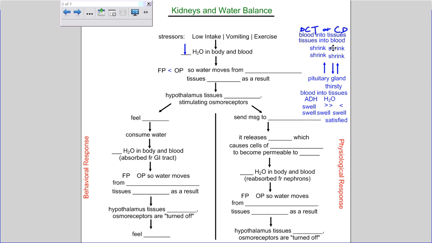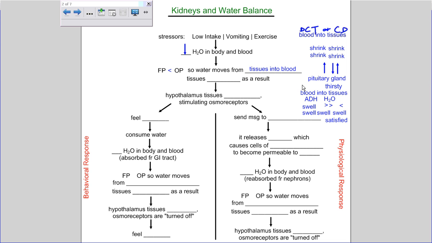If the fluid pressure is less, then water is going to move from the tissues into the blood, because we always need to have a certain amount of water in your blood in order to make it move around. Okay, so in order to allow movement, we have to pull as much water out of the tissues, wherever we can get it, to let that blood flow, because the blood's carrying oxygen and it's got to deliver it to your tissues so that those tissues will live.